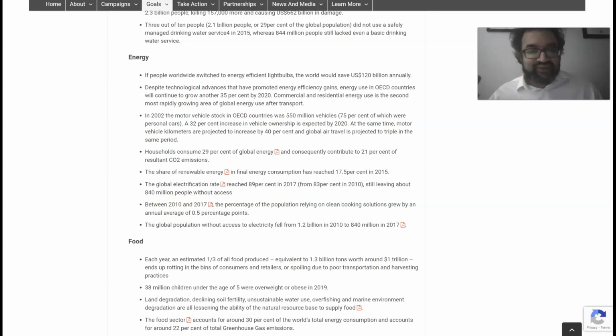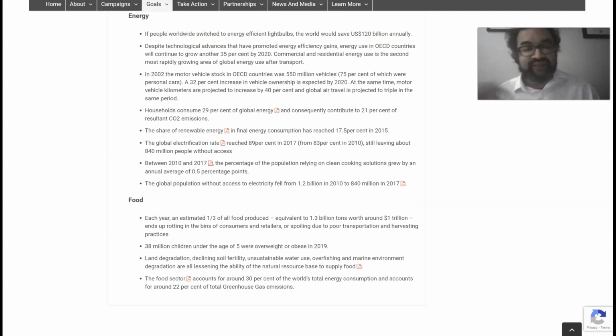But also the fact that households consume roughly 30% of global energy and consequently contribute to 21% of resultant carbon dioxide emissions. So these are, again, greenhouse gas emissions that need to be limited.